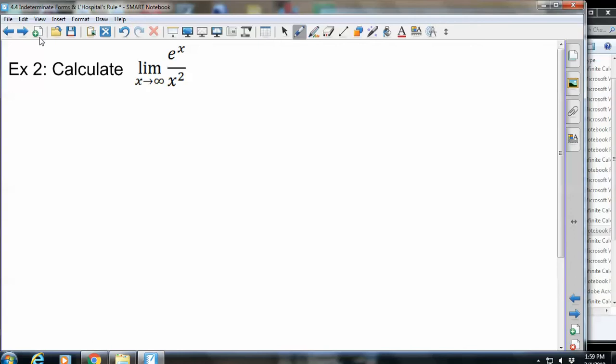So this one, if I try regular limit laws, there's really not much we can do. Let's see if we just plugged in, e to the infinity is just going to infinity. Infinity squared is going to infinity. So it's infinity over infinity. That means we can use L'Hopital's.